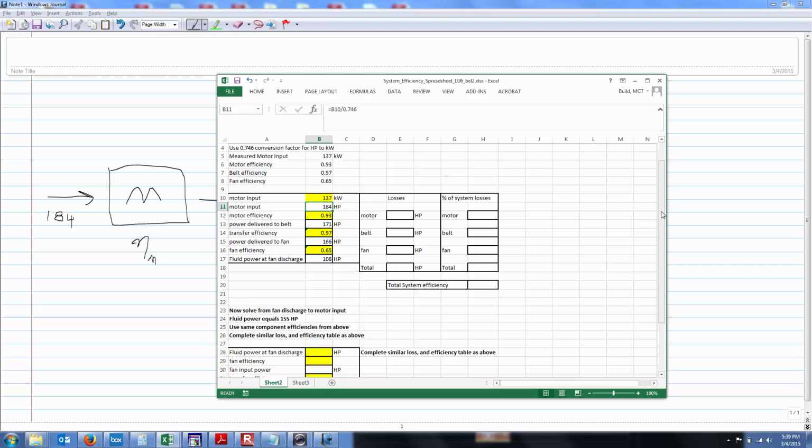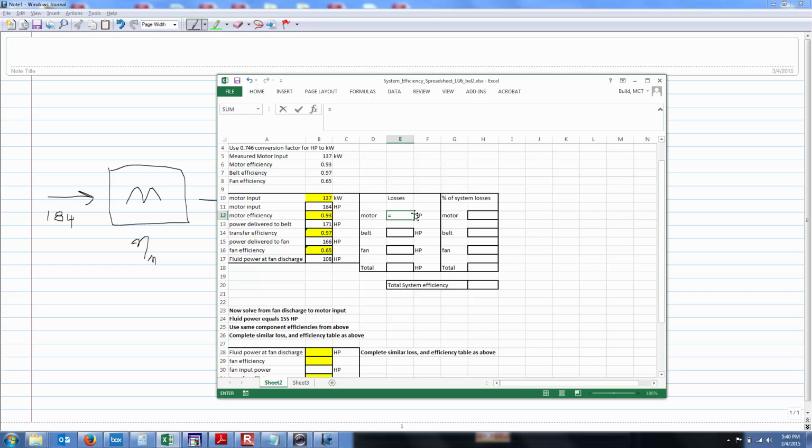Okay, so the next thing is figuring out how much power is lost at each step. Well, what's that equal? Loss. How many horsepower are we losing in the motor? The motor, we're losing 7%.